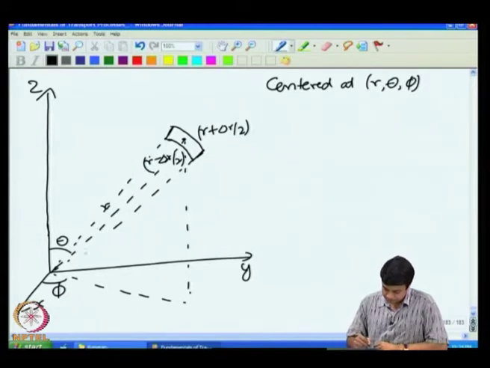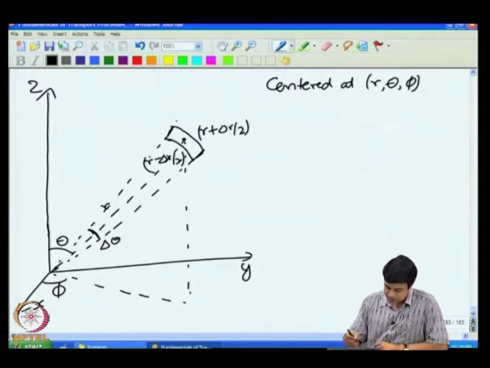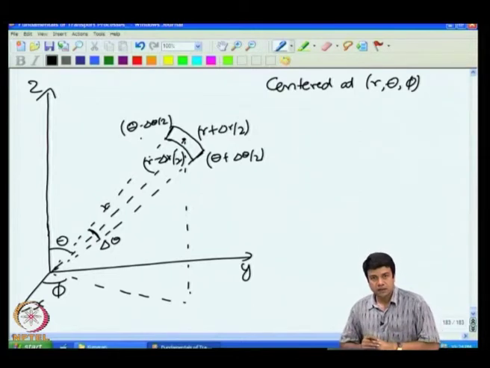So, this is theta, this angle is delta theta, this total angle. So, this is the surface at theta minus delta theta by 2 and theta plus delta theta by 2. And then I have two surfaces in the phi direction.